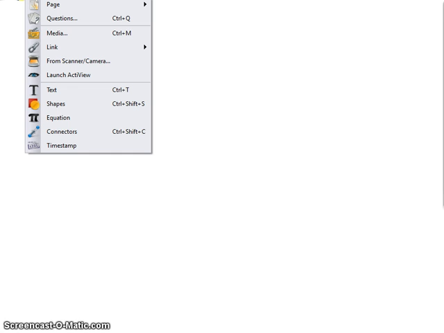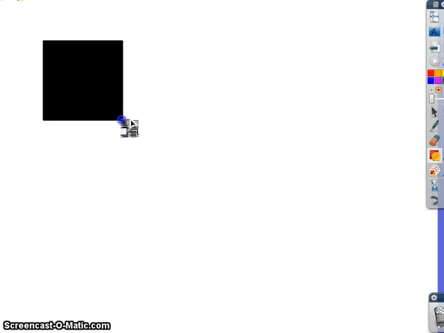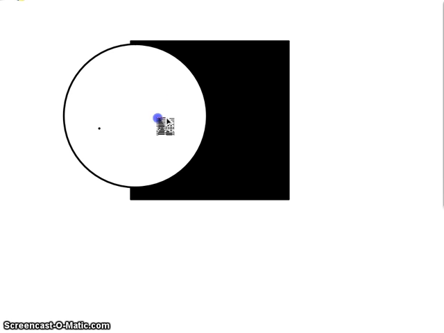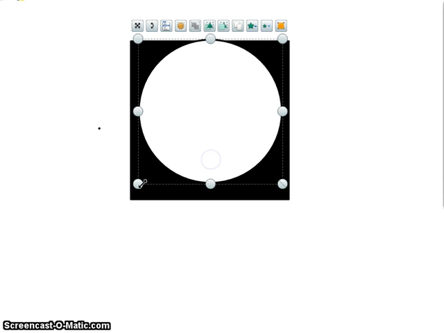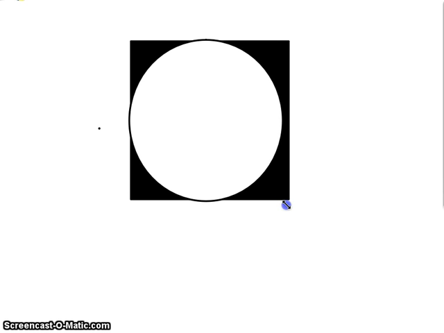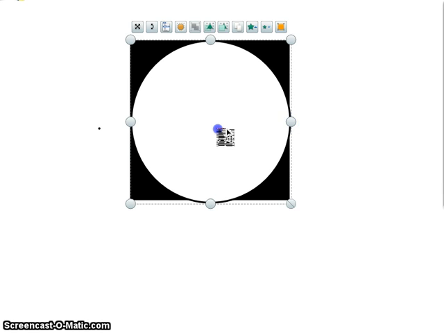Okay? So the first example goes along with this, and I think you guys will pick this up relatively quickly. Let me get some shapes here. So if I have this figure, and then I have this figure, so we're talking a circle within a square.